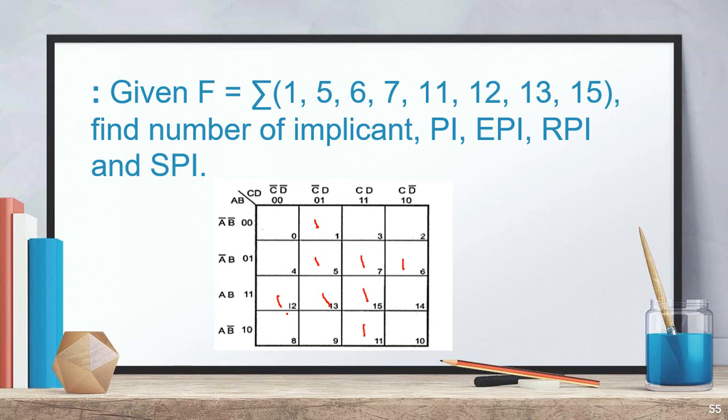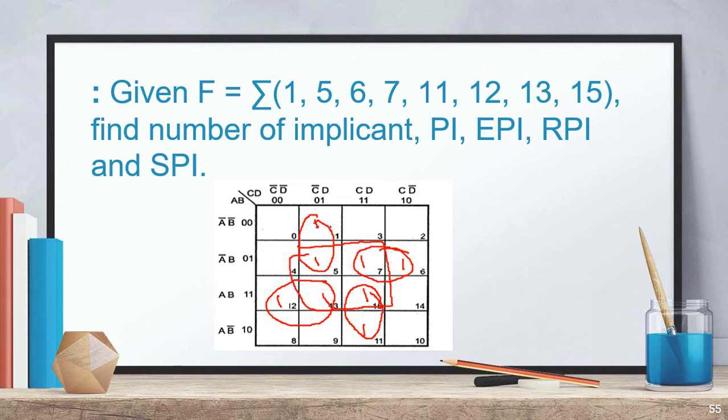First, prime implicants means all the possible groupings here. So usually in prime implicants one possibility I can do something like that. Another possibility we can do something like that. One more possibility, we can do 7 and 6 and 15 and 11. Also, it is possible that we can do these four: 5, 7, 13, 15.